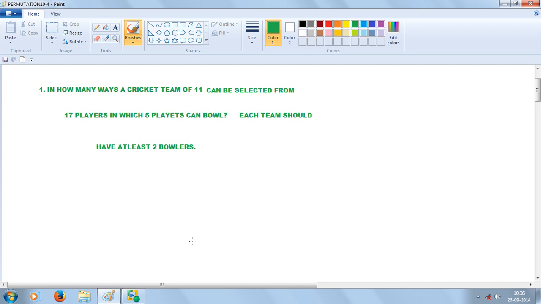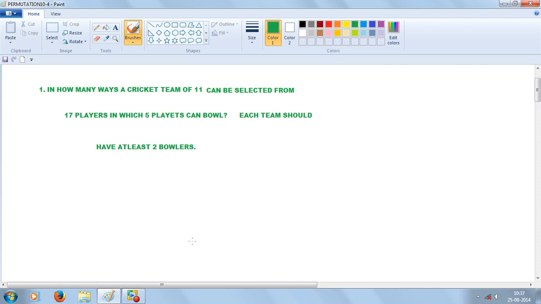See what we have: 17 players in which 5 players can bowl. So bowlers are only 5 in total, but each team should have a minimum of 2 bowlers.